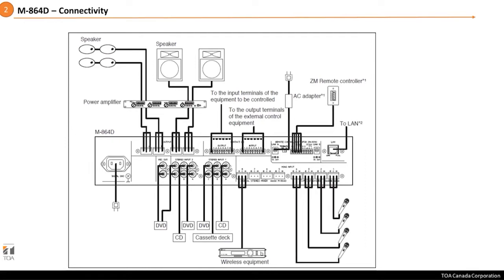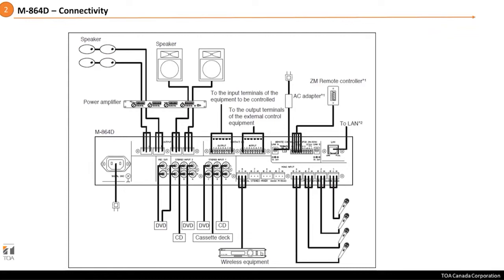And we'll see the accessories at the end, but I'll remind you that only the series of the ZM901X will work with the M-864. The previous ZM controllers for the older version of the 9000 series will not work. So only the ones with the LED-equipped controllers will work.